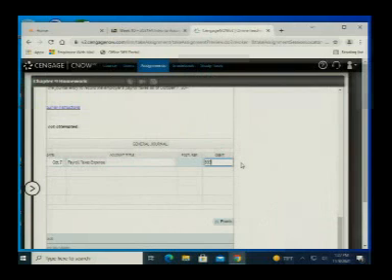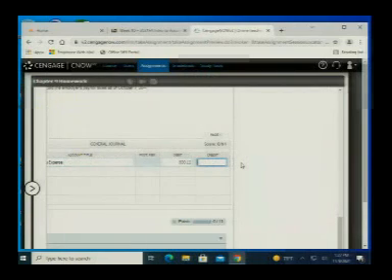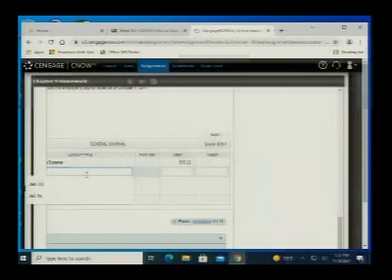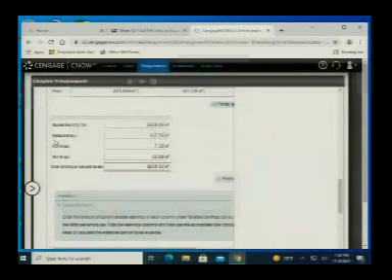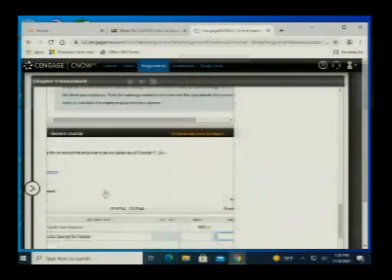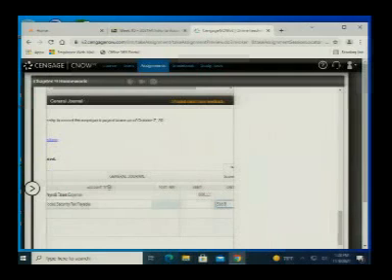So I'll just debit 812. And then I will credit Social Security taxes payable, and it was $569.16.